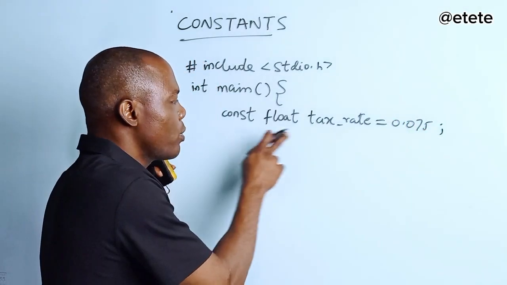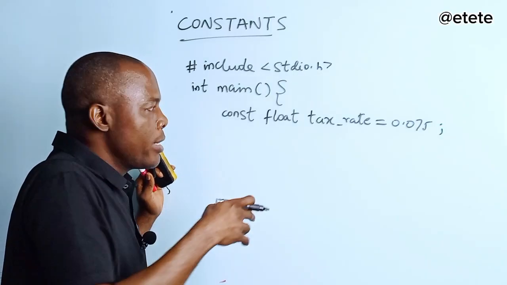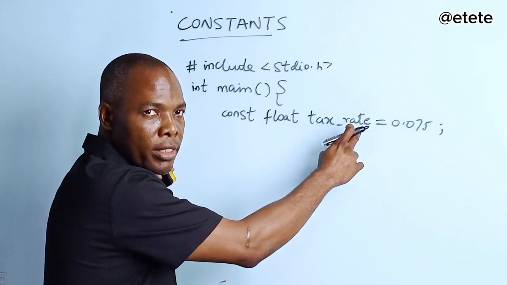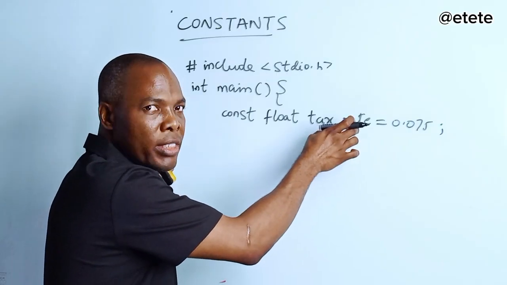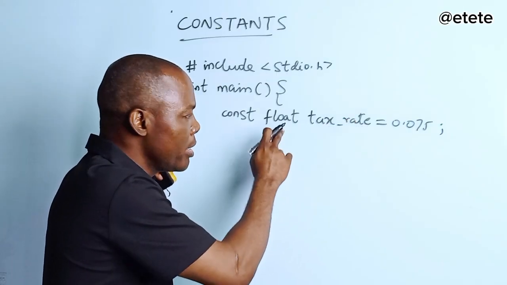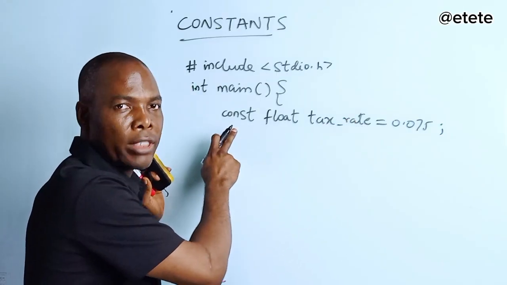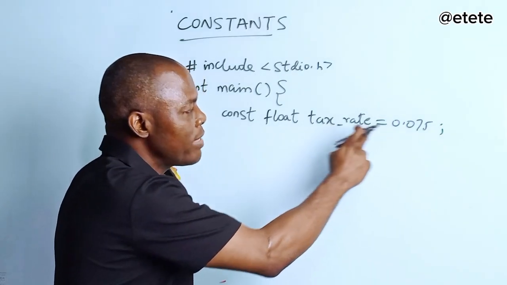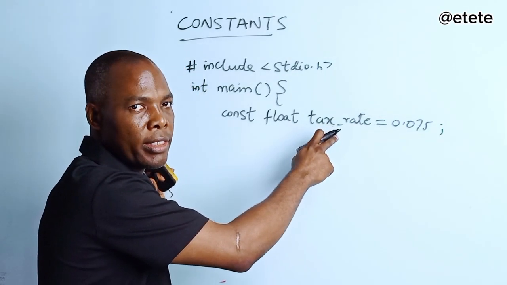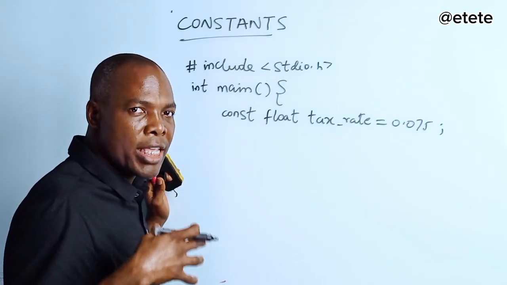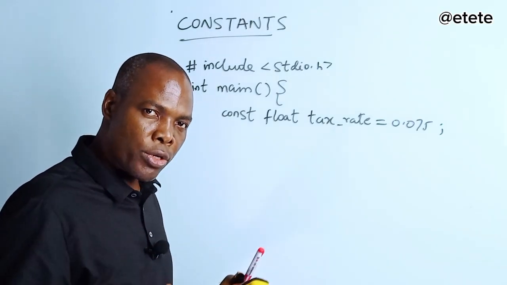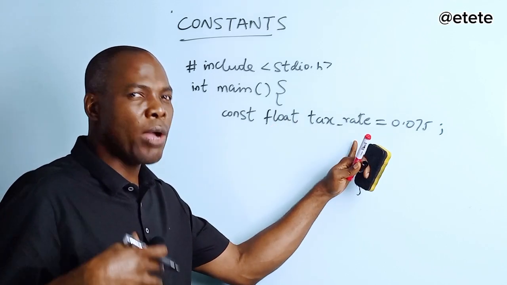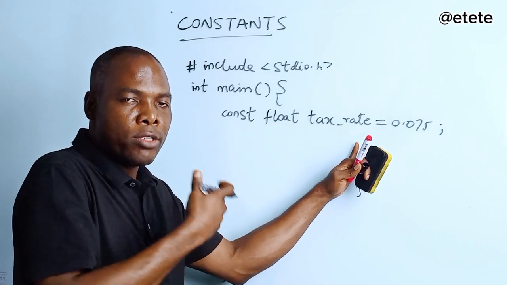So this one now, I am saying that I have created a messenger, which is what? Tax rate. But the value that this messenger is going to carry in this float is constant. So I'm giving the value to it. So this value that I've given to this messenger cannot be altered. But because C allows you to control the memory space, I can actually use a pointer to alter it, but that would not make sense. I mean, I'm declaring something as constant.